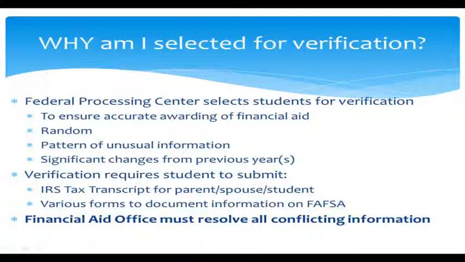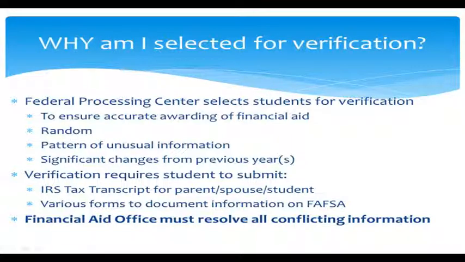Some students are selected because there's some unusual information. Something just looks a little off. Sometimes if a student puts, I made $20,000 in income and I paid $20,000 in taxes, that's probably not accurate. And so if that's what you put on your FAFSA, you'll probably get selected for verification.